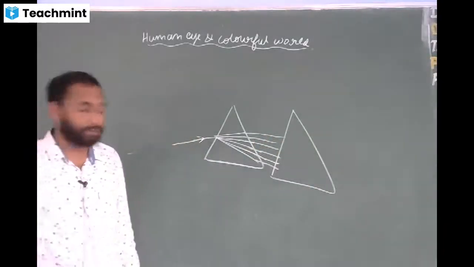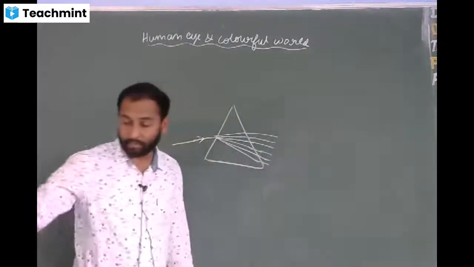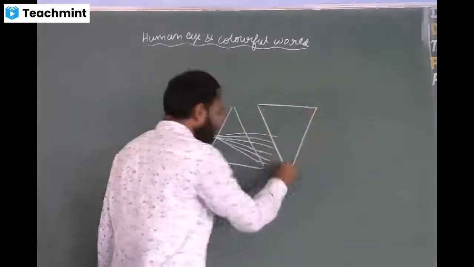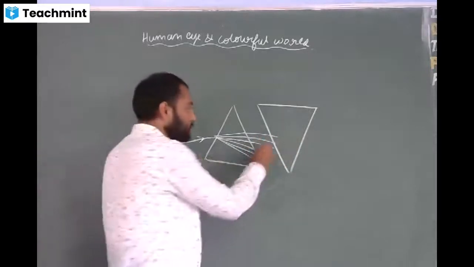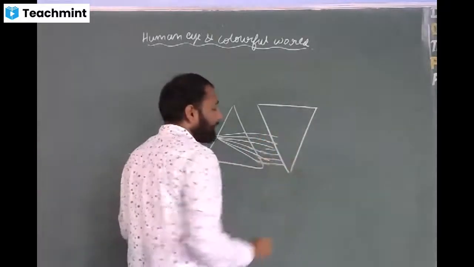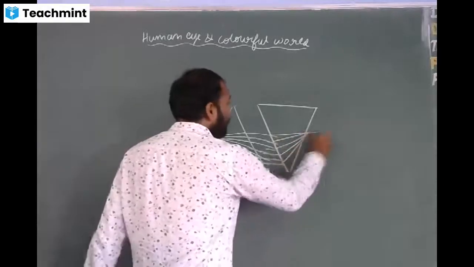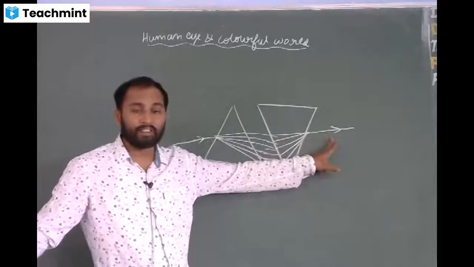So he placed an identical prism in an inverted position. After placing the identical prism in an inverted position, he observed that a white colored beam of light was coming out of the second prism.